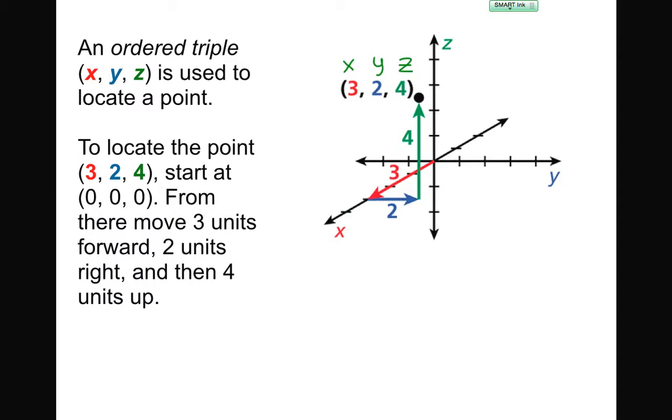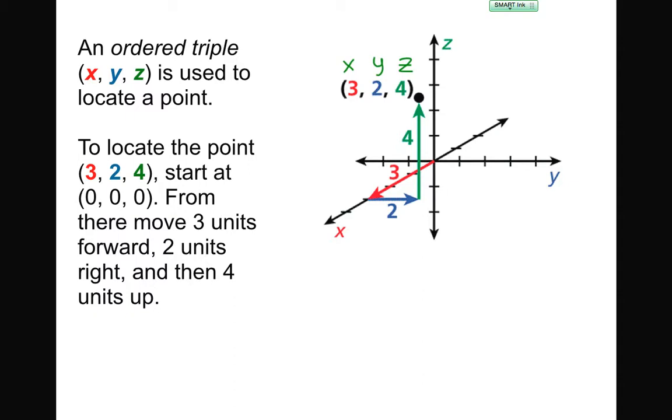So I might ask you to tell me how you would locate the point 3, 2, 4 on a three-dimensional axis. So what you would say is the 3. So we would go 3 units on the x-axis. So would that bring us forward or backwards? Forward is considered positive. So forward 3 units. 2 as the second number.